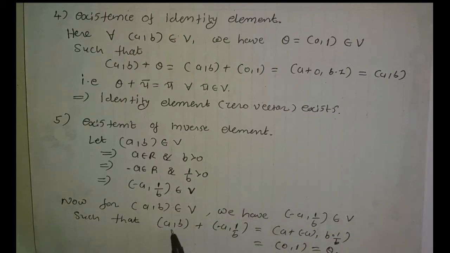Now if we consider (a, b) belongs to V, then we have (minus a, 1 upon b) belongs to V, such that the addition of these two vectors gives the summation of the first coordinates, a plus minus a, and the multiplication of the second coordinates, so b multiplied with 1 upon b. So we get the answer vector (0, 1), which is our identity element.